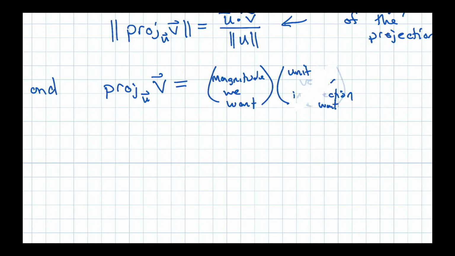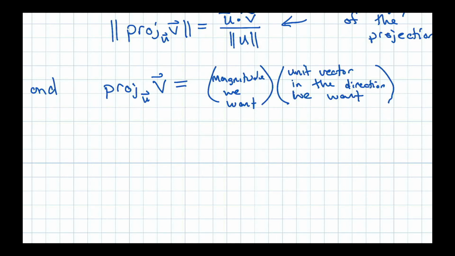Two sections ago, we were already doing that: the magnitude we want times a unit vector in the direction we want.